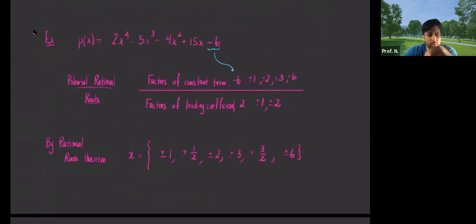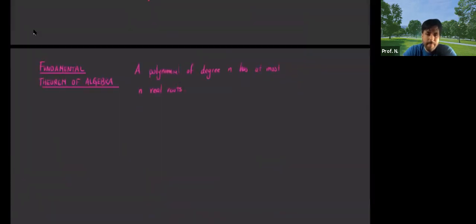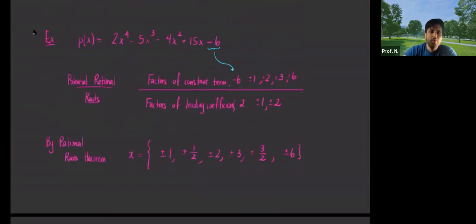So the next question would be, how do we determine whether these potential roots are indeed roots? What would be a way to check? How would you check if one of these is indeed a root?